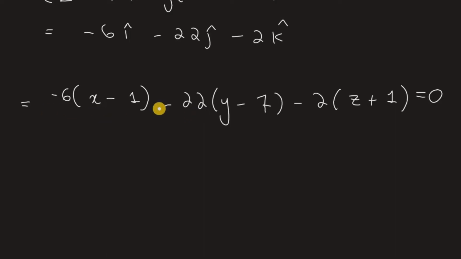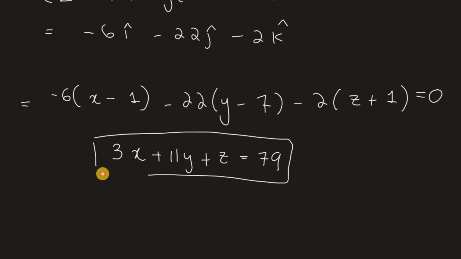Or you can multiply this out, and your final result turns out to be 3x + 11y + z = 79. Like I said before, you can leave your answer like this, or if you want to simplify it a little bit, this is your final answer. Alright, let's move on to the second question.